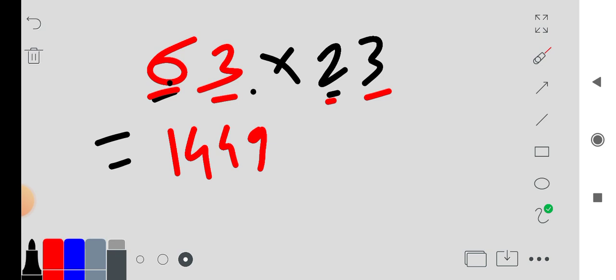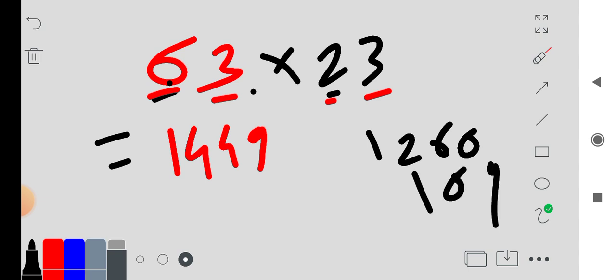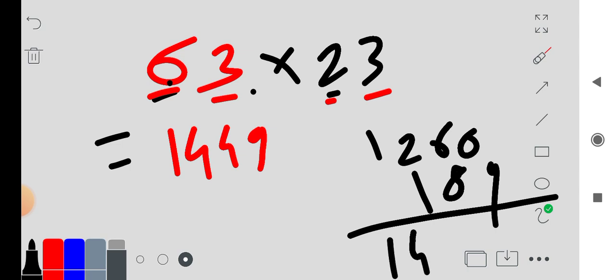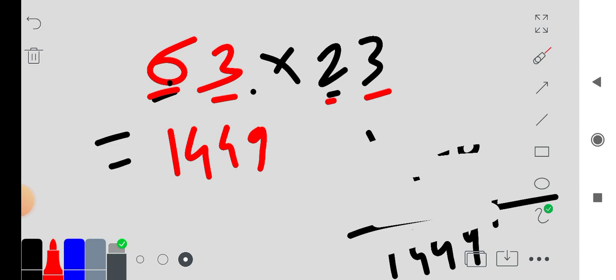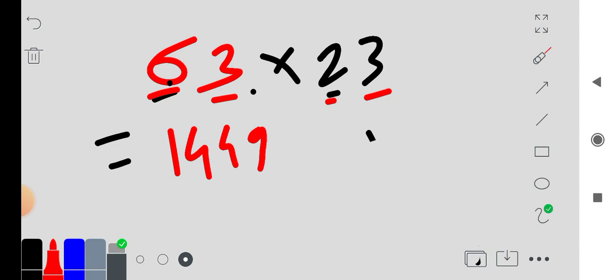So 63 into 20 is nothing but 1260 plus 63 into 3 is nothing but 189, and it orally gives 1449. Or divide and conquer strategy. So another method is there by friendly concept.